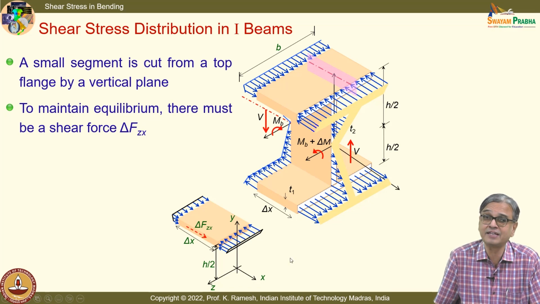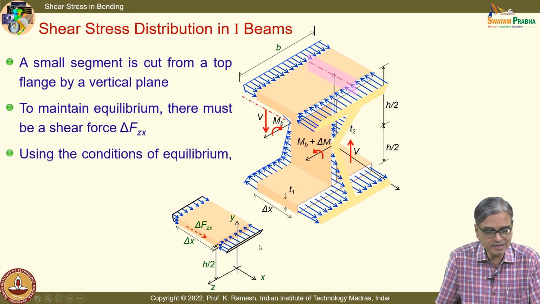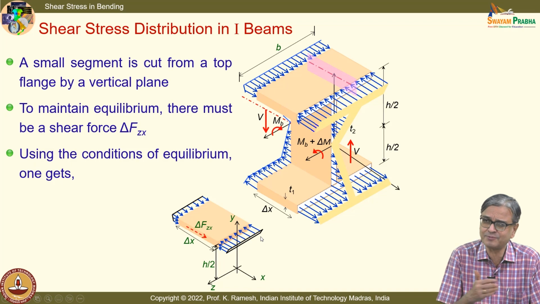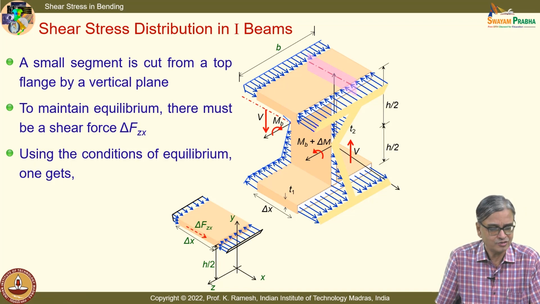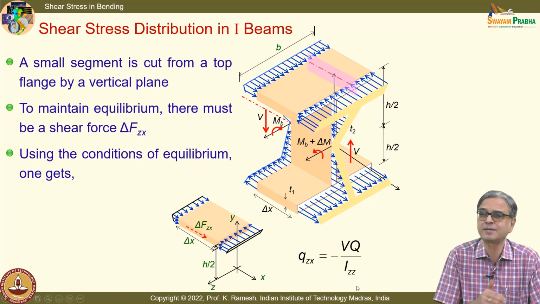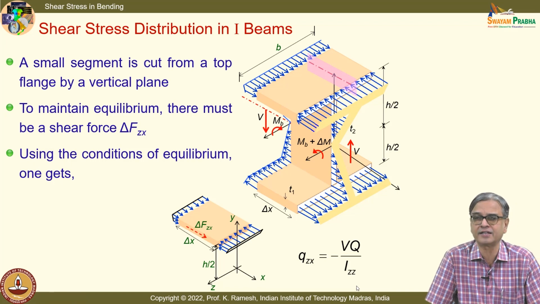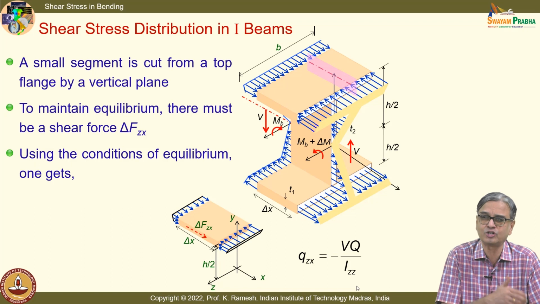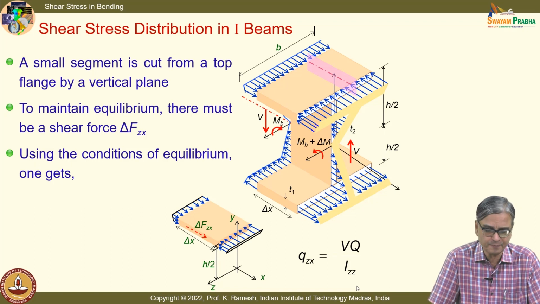So that is a very important learning. And once you have done this, other steps will be very similar. So using the conditions of equilibrium, one gets QZX equal to minus VQ by IZZ. I am skipping the steps, so you can go back and redo the steps, very similar to what we have done for the horizontal cut.